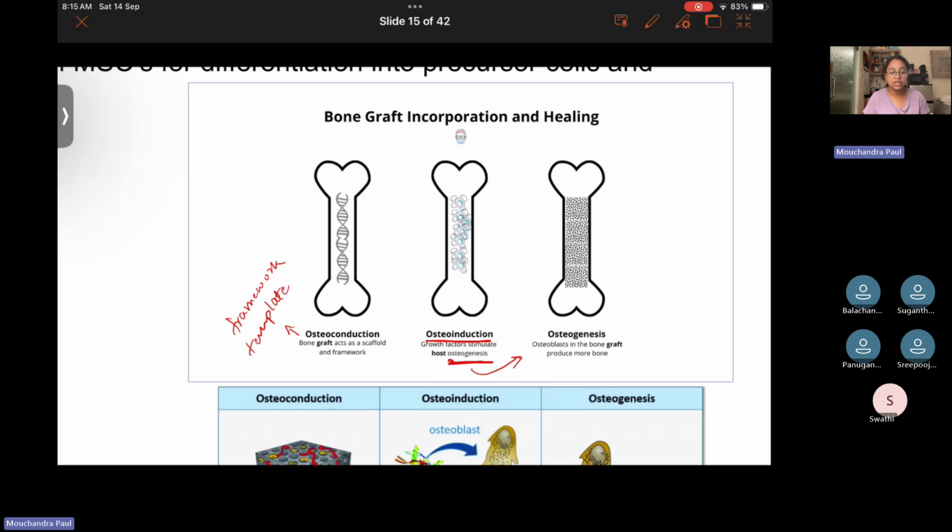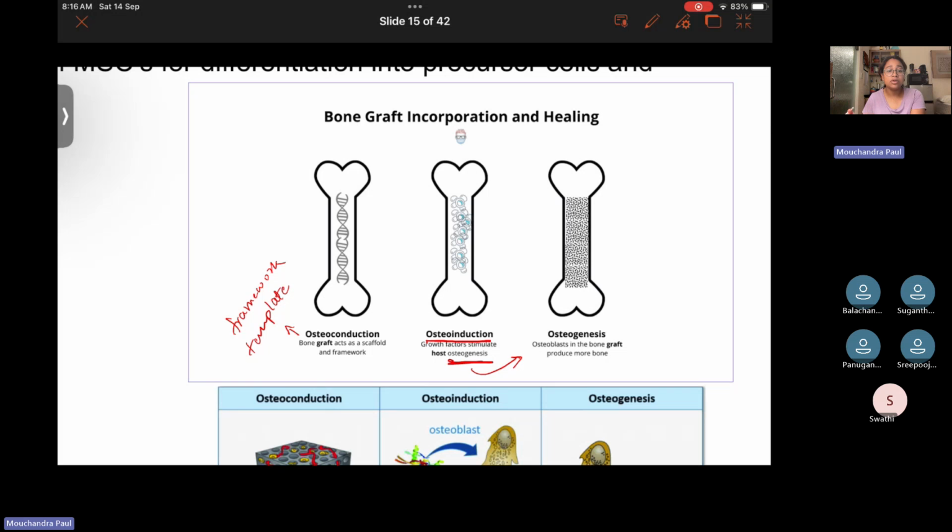So if we see it sequentially, you transplanted a scaffold. First, it should osteoconduct for the host cells to migrate. Then the host cells should get induced to secrete growth factors, and these host cells will get stimulated inside the scaffold. That is called osteoinduction. Once the induction process is complete and the cells are activated, secreting many more growth factors, it will recruit more cells.